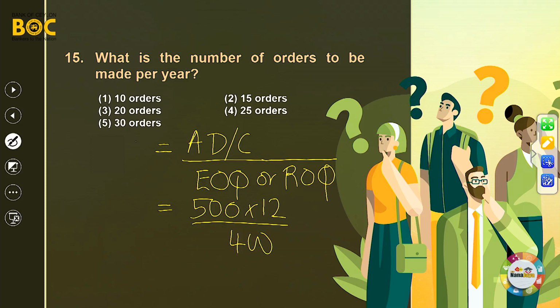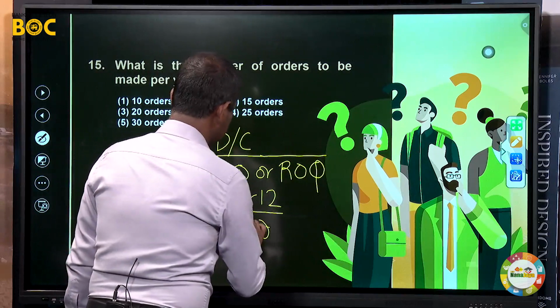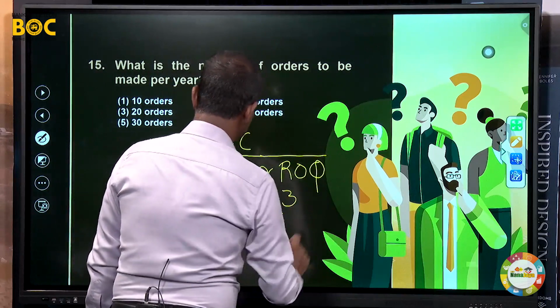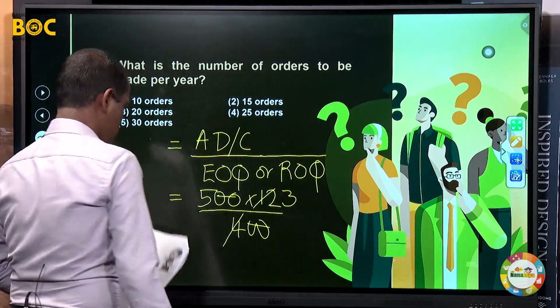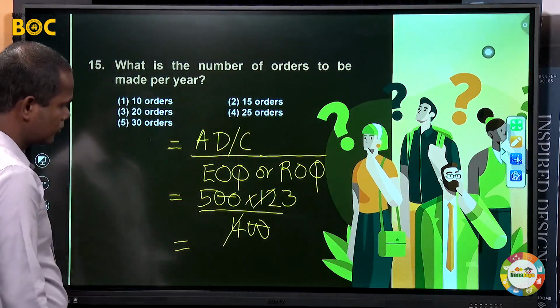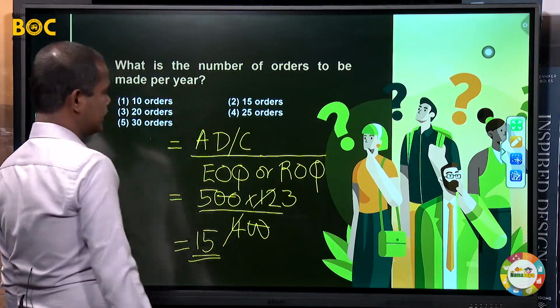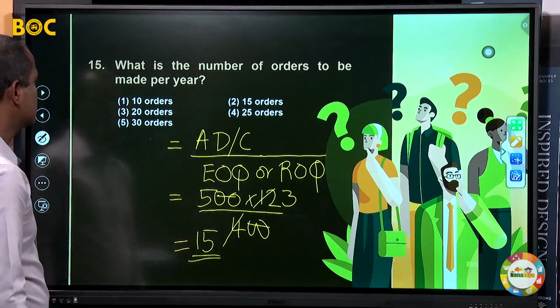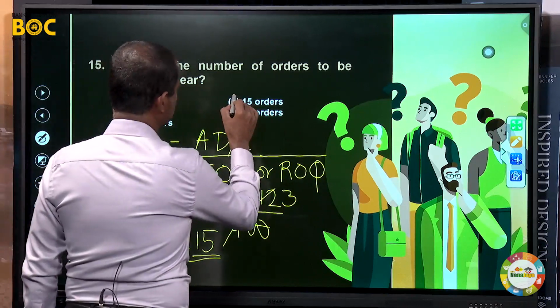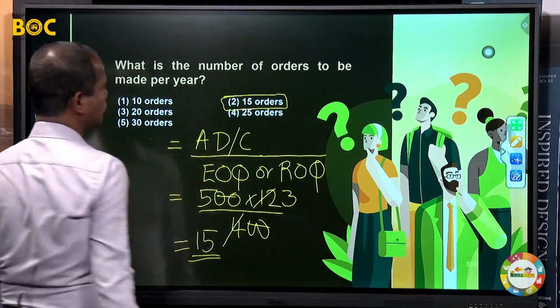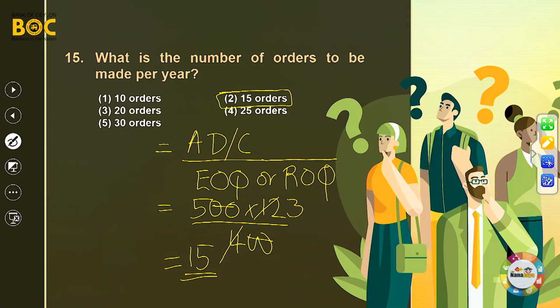So 500 into 12, divided by 400 units, the economic order quantity. You can calculate the number of orders: 15 orders.